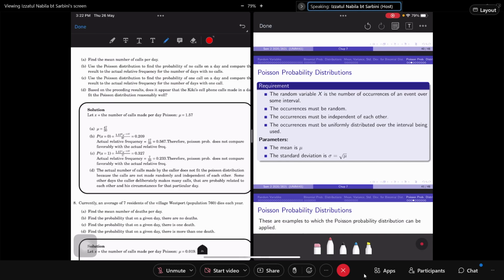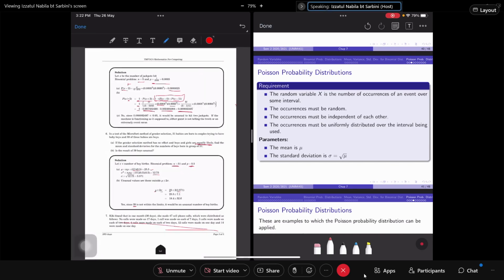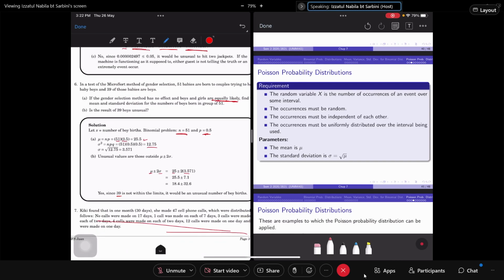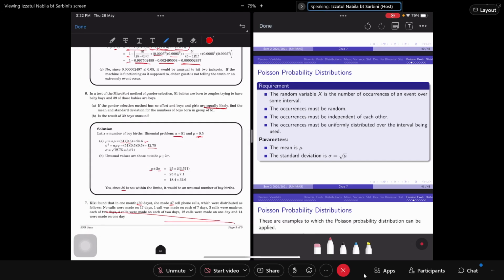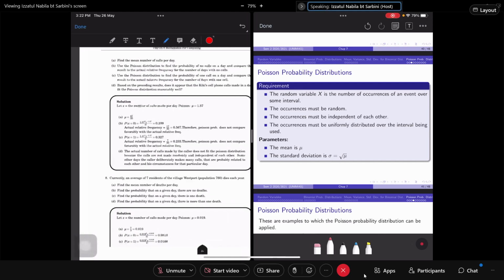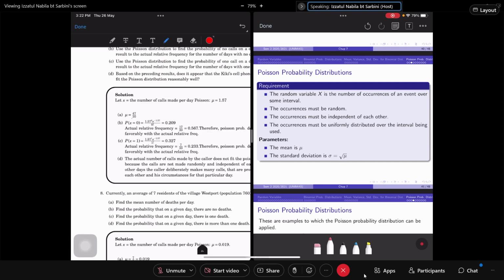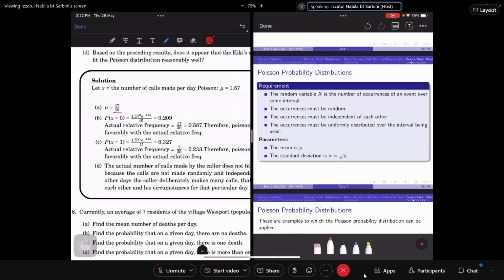In this case, Kiki within 1 month, within 30 days, made 47 calls. So the average of the calling, the mean, is 47 over 30. So this is the mean, 47 over 30.